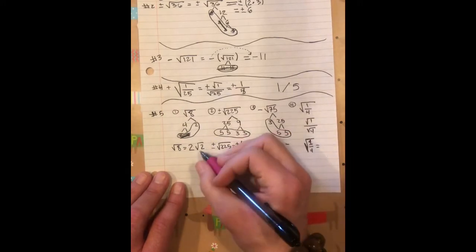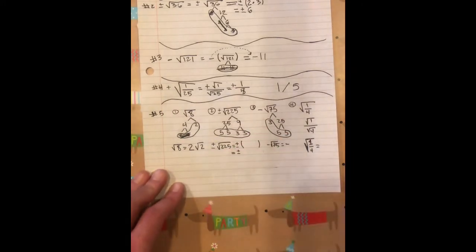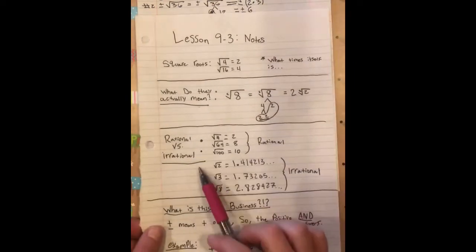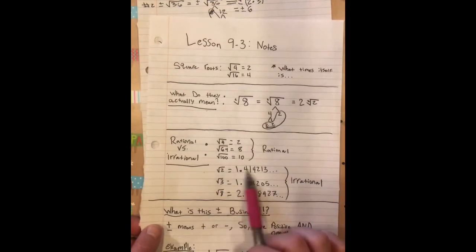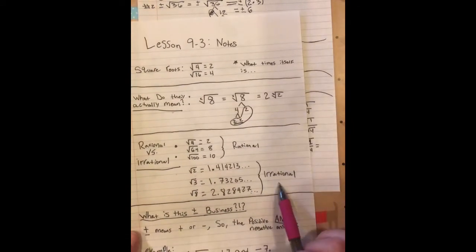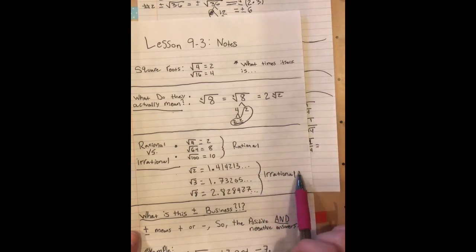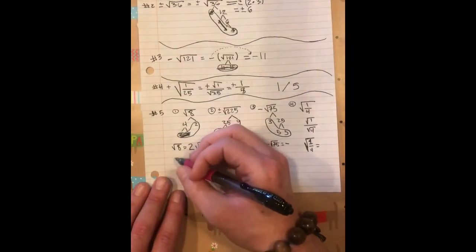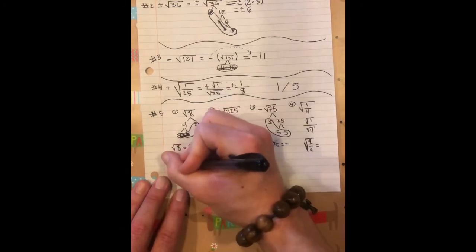Now, what is the square root of 2? Does it go on forever? Well, if we look back at our notes, the square root of 2 goes on forever. The square root of 8 goes on forever. So spoiler alert, it's going to be irrational. So the square root of 8 is irrational!